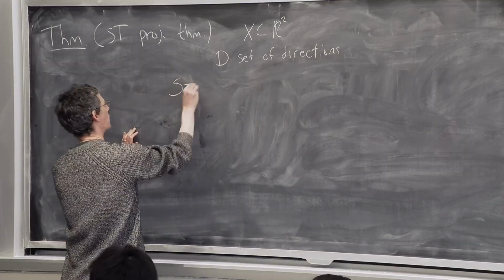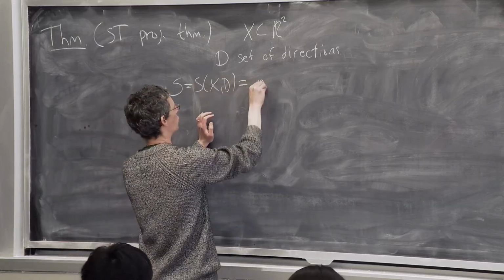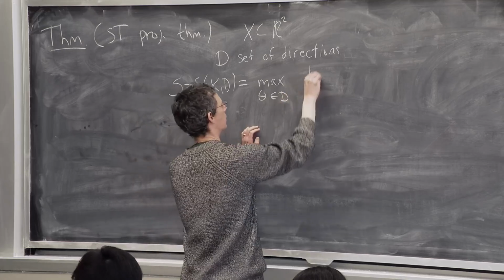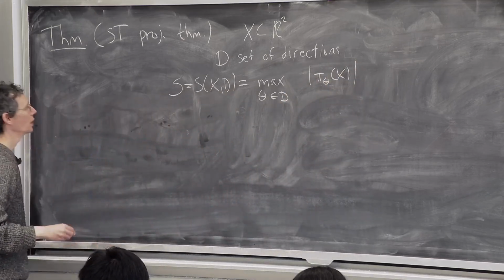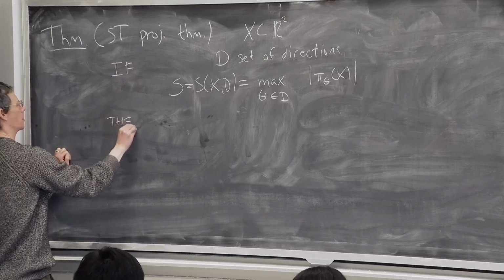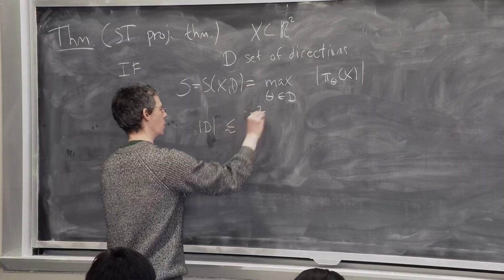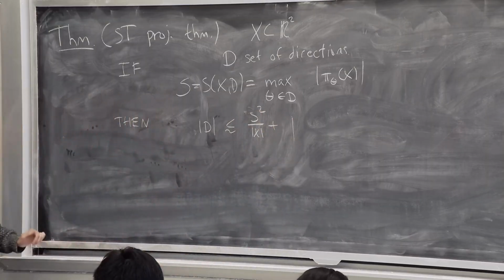And then S equals S of X, D is the largest projection of X in any of these directions. So that's the if. And then the conclusion is that the number of directions is bounded by S squared over X plus 1. We saw it in the first day.